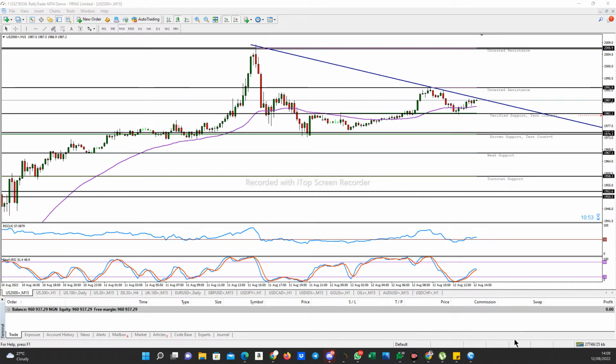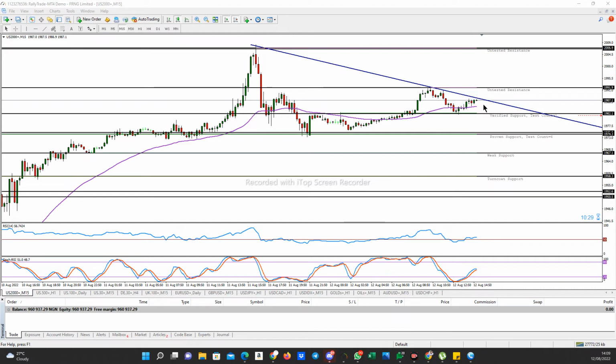So if price is able to break and close below this verified support, on the next candle you want to go in for a sell. So like I said, you can either sell here once you see a bearish candle forming, but this is the ideal place that you should be looking to sell, right? So that is that for the sell.